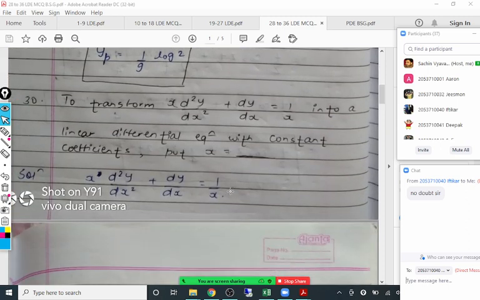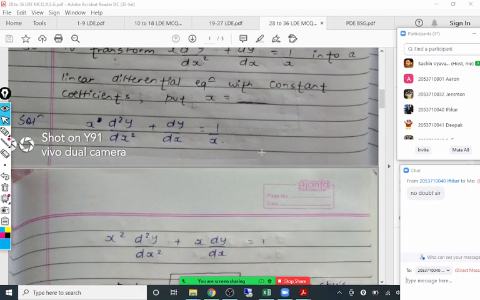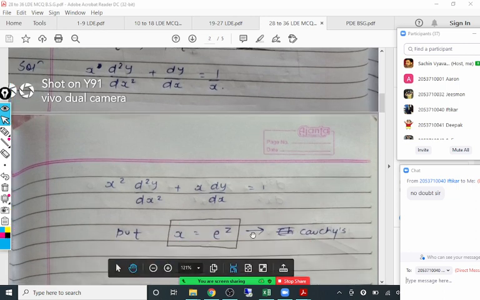Question number 30. We are given to transform this differential equation into a linear differential equation with constant coefficients. We generally put x equal to e raised to z, or you can take x equal to e raised to t. That's the answer. It is in Cauchy's form.